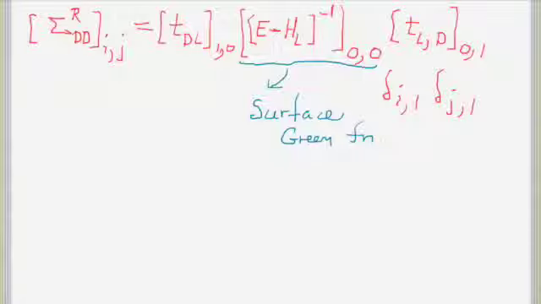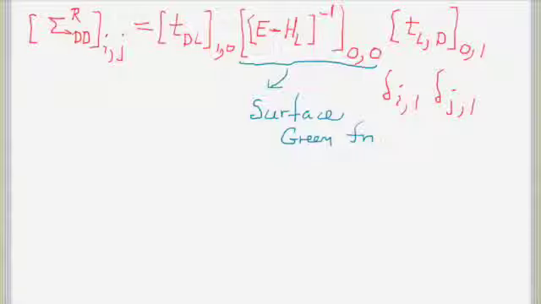It's sort of a hard wall boundary right there at the end of the left lead. And then you just have the matrix elements that couple that last node of the lead to the first node of the device. And this is the general form of the surface Green function that we will be looking at a lot.